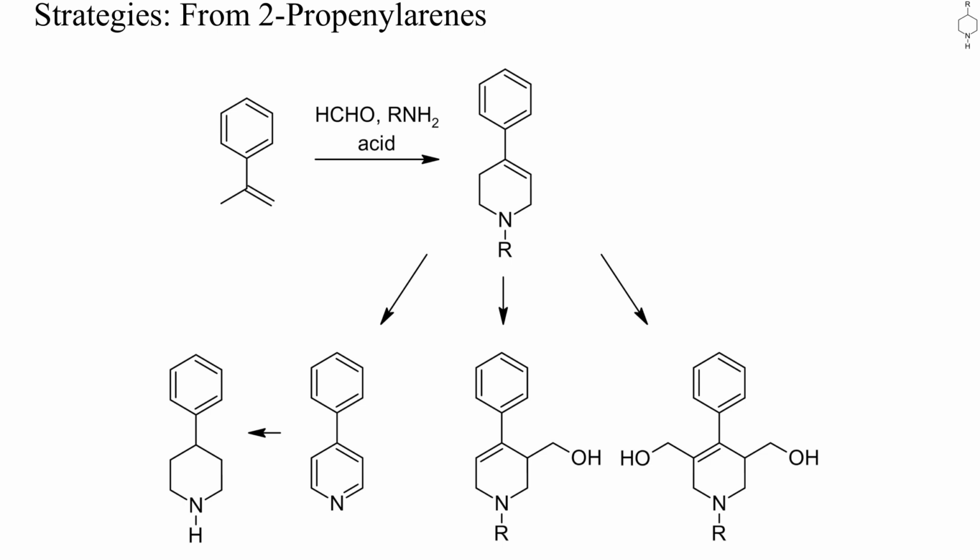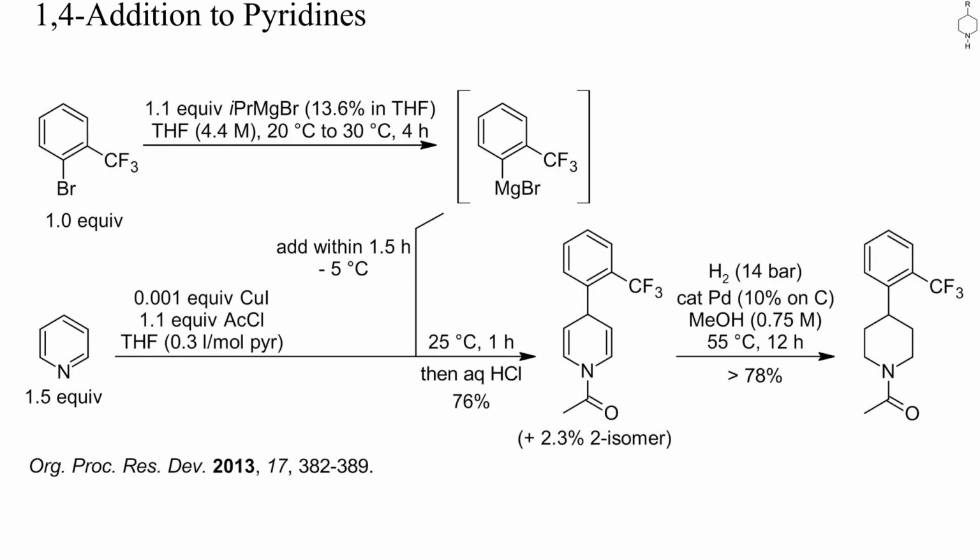Treatment of 2-propenylarenes with formaldehyde and amines under acidic conditions yields aryl pyridines, aryl tetrahydropyridines, or hydroxymethylated pyridines or tetrahydropyridines. Thus, careful optimization will be required to achieve acceptable yields of one given product. A number of optimized procedures have been described in patents. I'll show you now some specific examples of piperidine preparations.